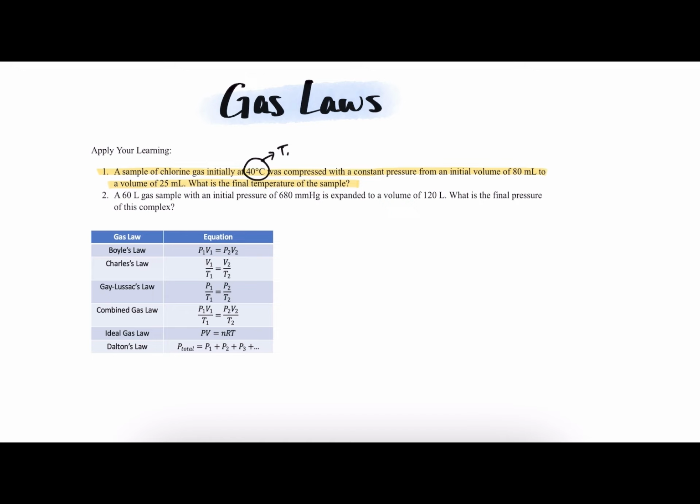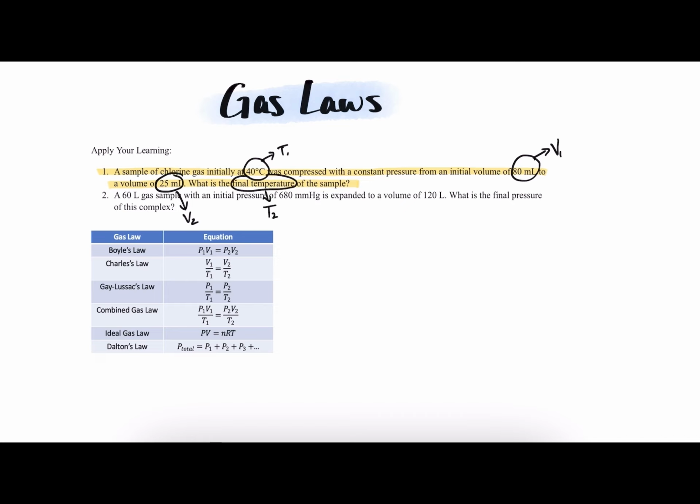This sample of gas was compressed with a constant pressure from an initial volume of 80 milliliters, so we can call that V1, to a volume of 25 milliliters, or V2. And they're asking what the final temperature of the sample is, so that would be T2.